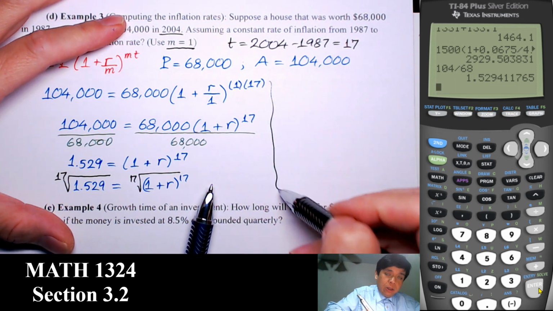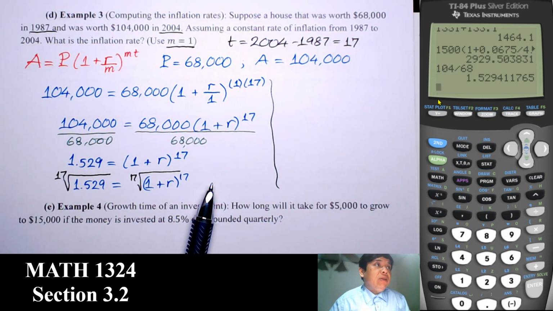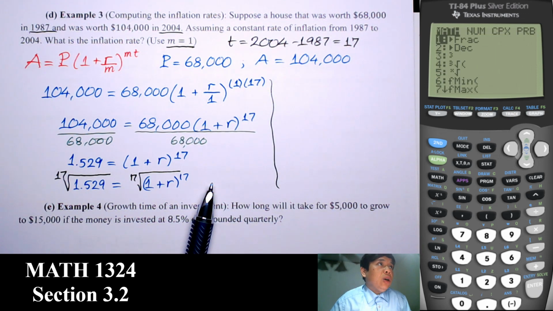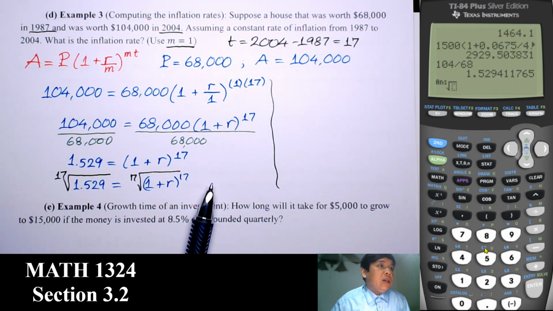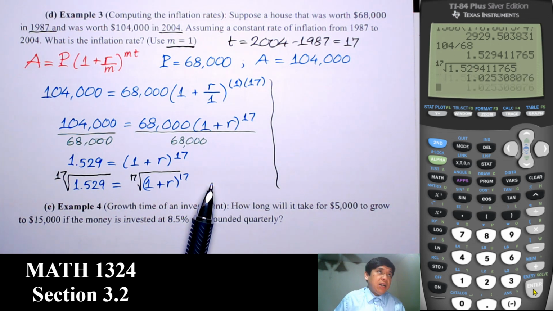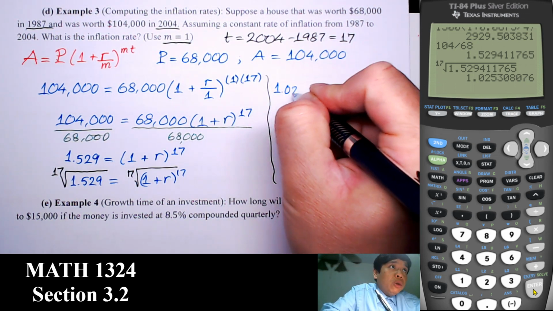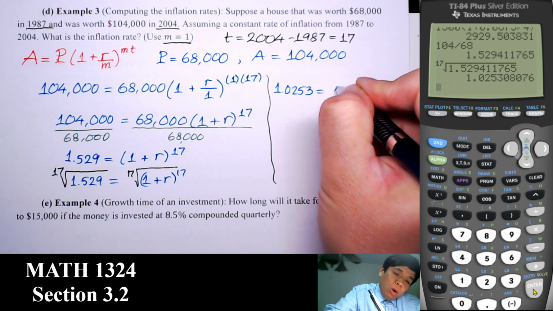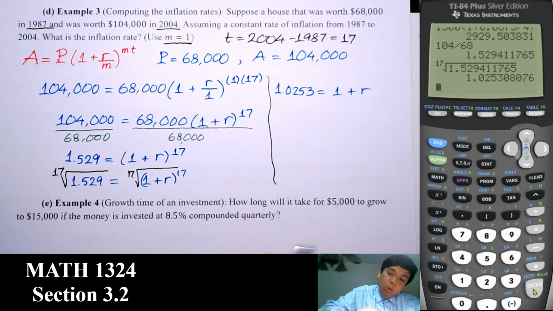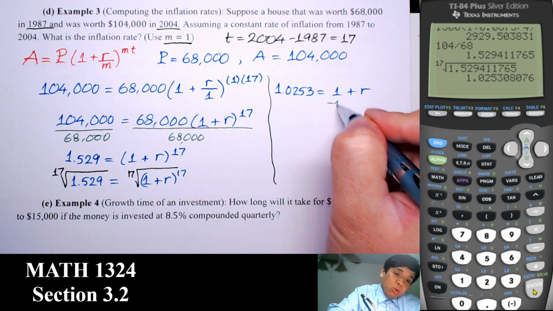Right. So in this calculator, we go to math, option 5, and we say 17, and when we highlight it, hit enter, that copies and pastes. So we take the 17th root of that, and we have 1.0253 equal to 1 plus R, and subtract 1 on both sides, we have R, and that's the rate.